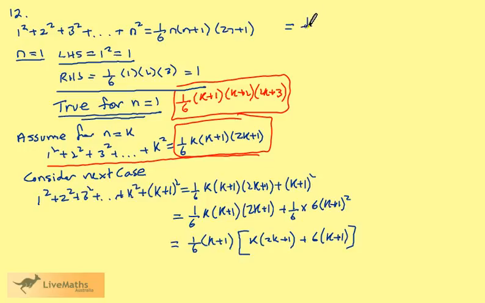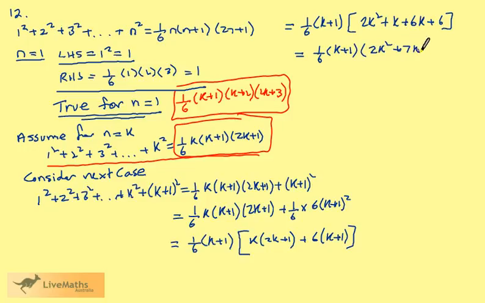So that's 1/6 k plus 1, 2k squared plus k plus 6k plus 6, which is 1/6 k plus 1, 2k squared plus 7k plus 6.